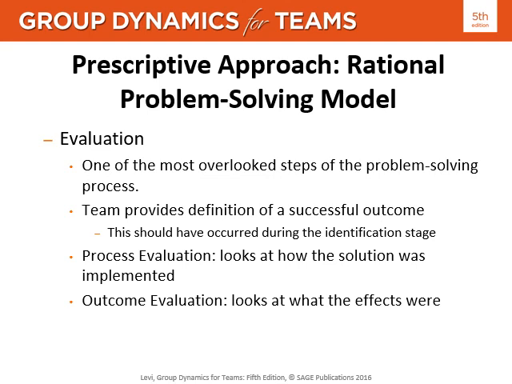By taking a larger perspective of the problem, the team may be able to determine the more critical parts of the problem that should be solved. The evaluation stage provides information for future problem identification and solving.